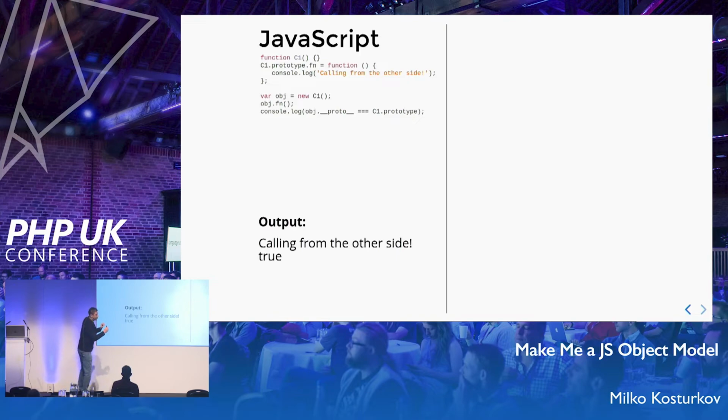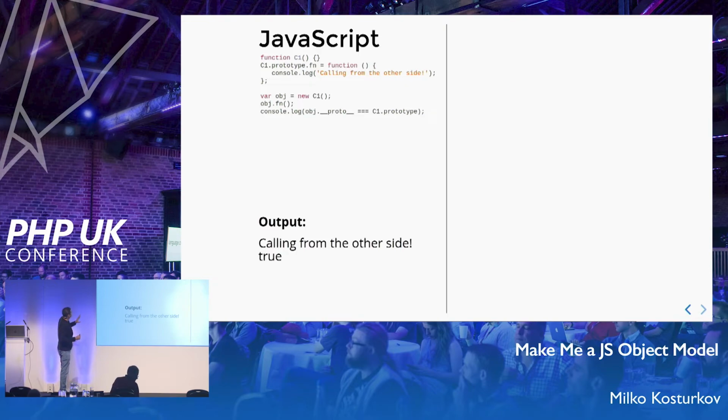And this property holds an object. Whatever you assign to this prototype object on the functions will be used as a prototype of the constructed objects.